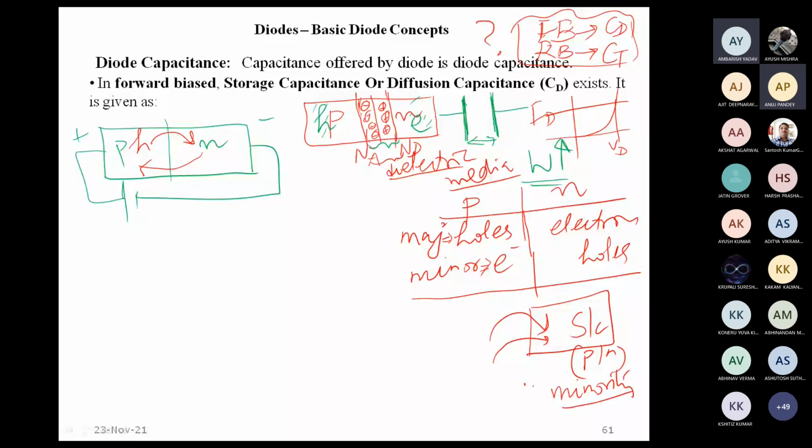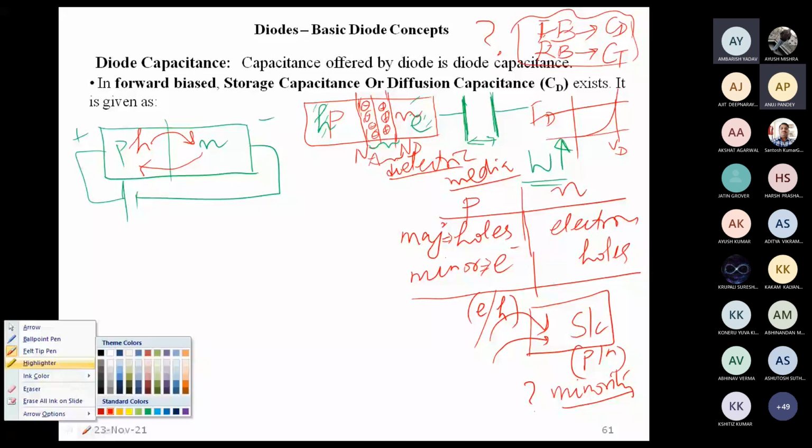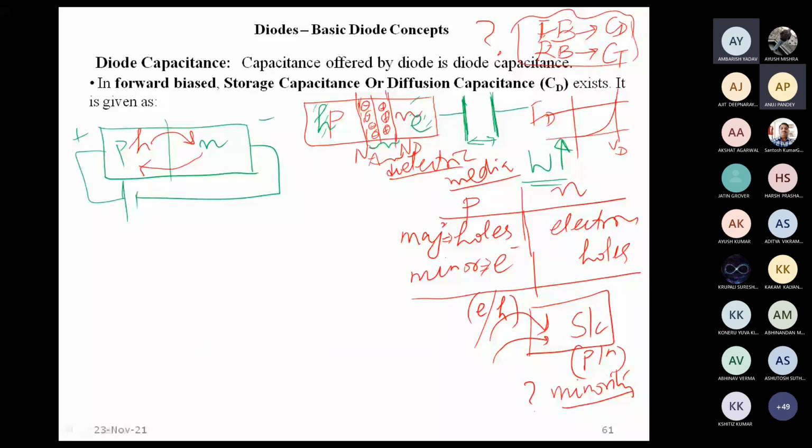Minority charge carriers means, if we are talking about the p type, then electrons are injected here, or if we are talking about n type, then holes are injected. In the p type, electrons are injected, and in the n type, the holes are injected.